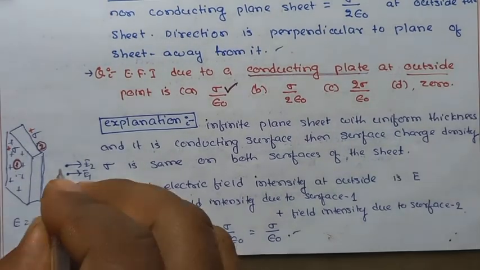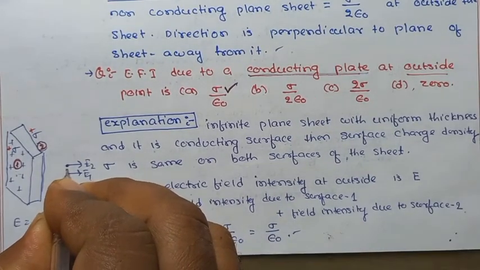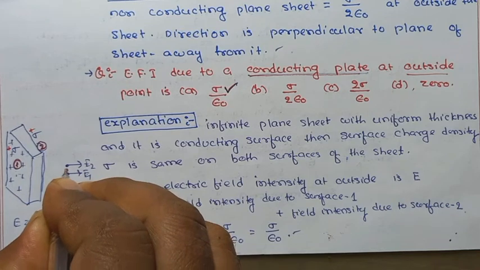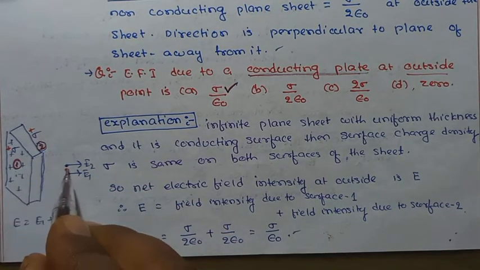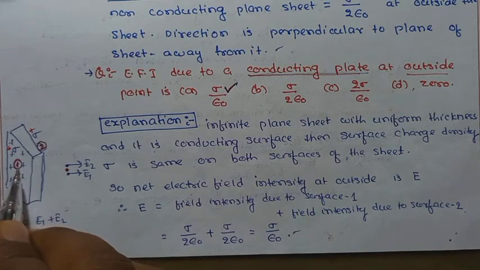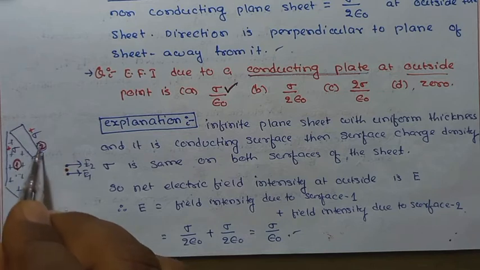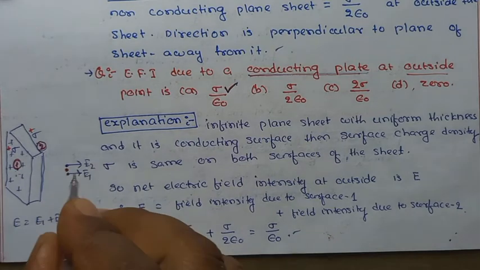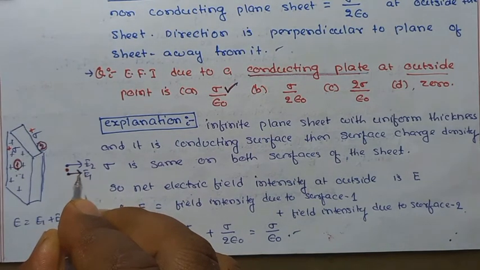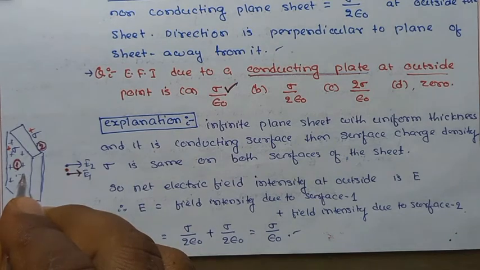So if we take here outside point, we select this point as an observation point, then electric field intensity due to this first surface is sigma by 2 epsilon 0. Similarly, electric field intensity due to second surface is sigma by 2 epsilon 0, and both are acting along same direction because this plate is positively charged.